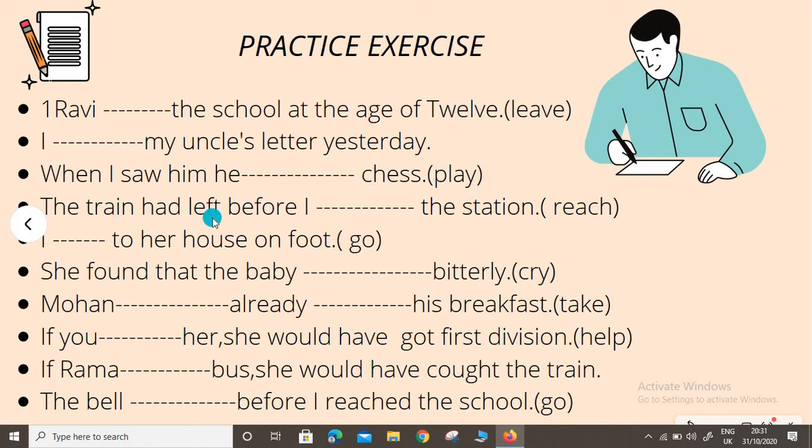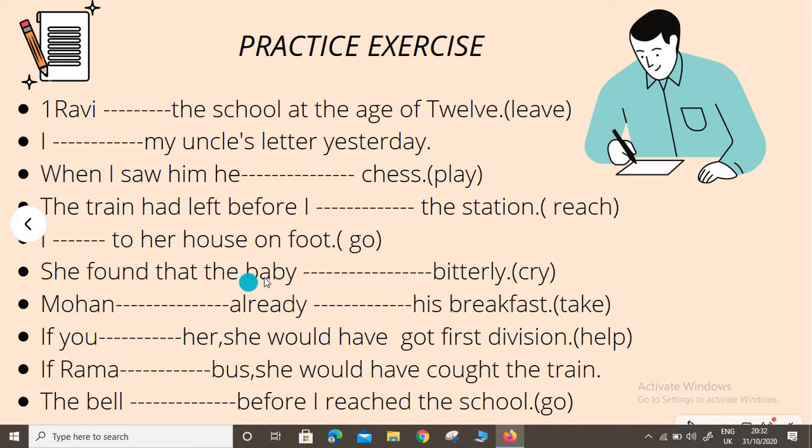The train had left before I dash the station. Before I reached the station. So it is past perfect tense. I dash to her house on foot. So I went to her house on foot. She found that the baby dash bitterly.